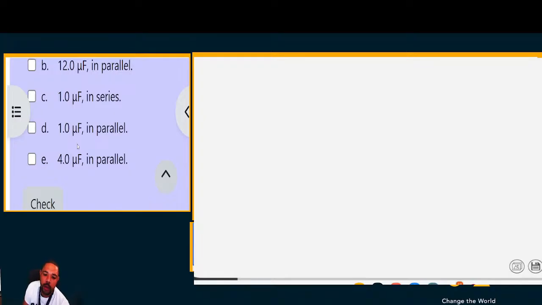So it can be 1 microfarad in parallel. Okay, so we have 1 microfarad in parallel. That's 3, that's 1. Remember, we want the answer to be 4. If we add them up, we get 4 microfarads.